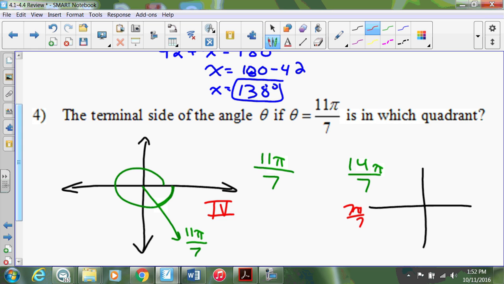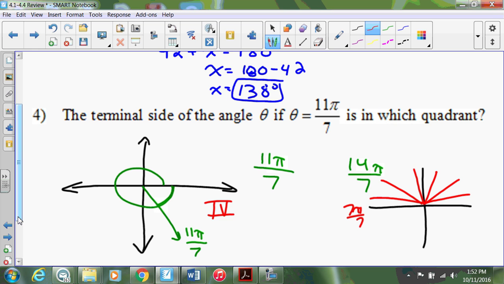Let's see. 1 pi over 7, 2 pi over 7, 3 pi over 7, 4 pi over 7, 5 pi over 7, 6 pi over 7, 7 pi over 7. Yeah, that actually did help.